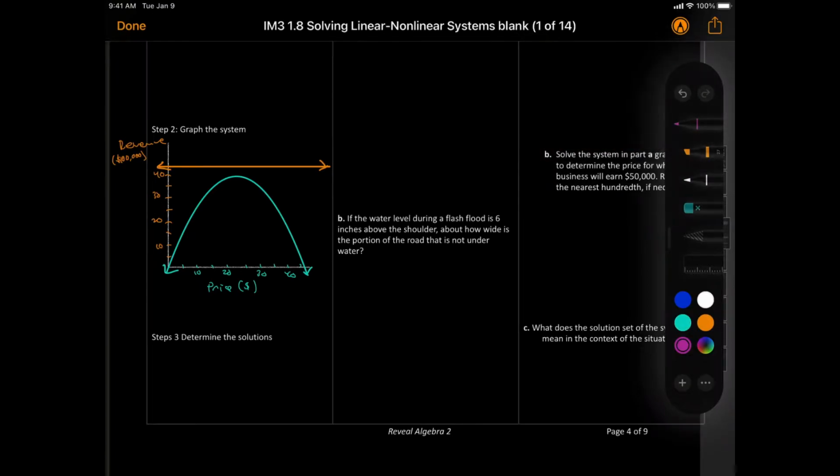And what does this mean? The graph of the functions, or of the system, do not intersect.